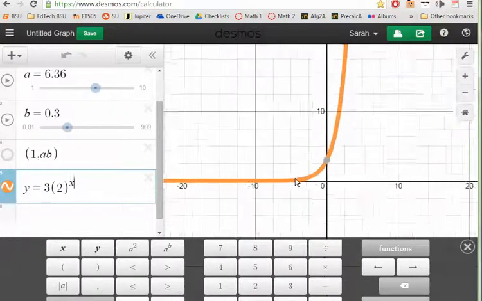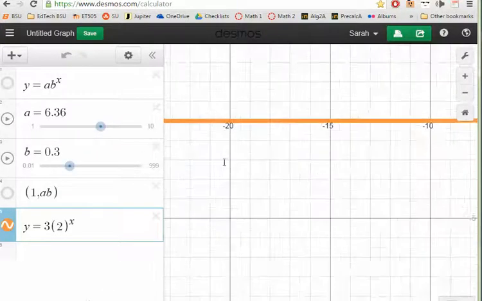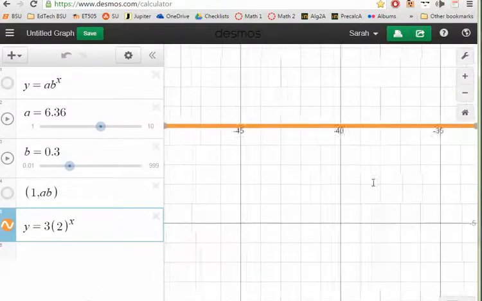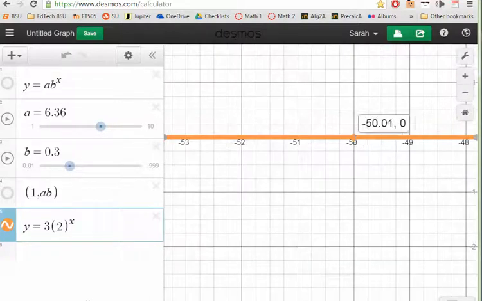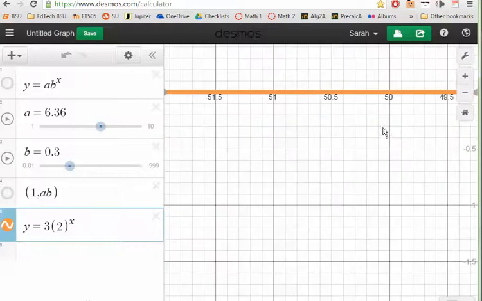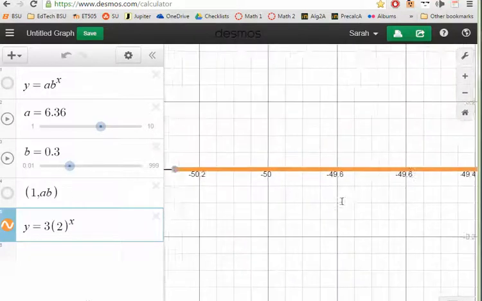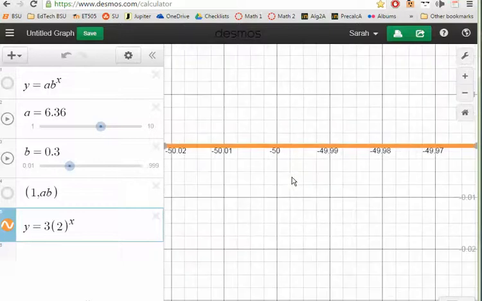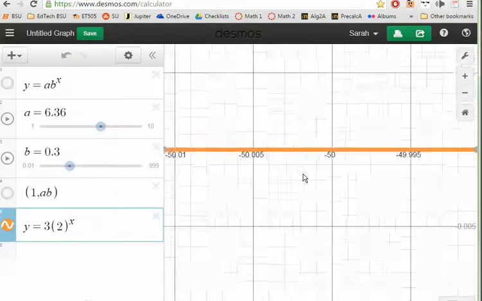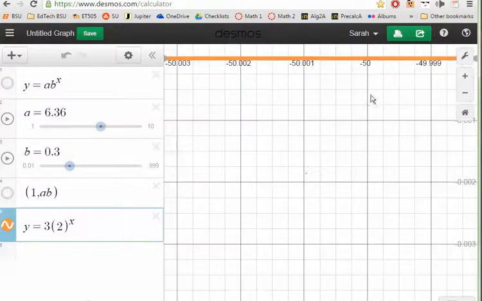Okay, so if we find -50 in the x, it says 0 right now, but we discussed this at the beginning of this semester. Desmos does have a potential for graph error. If we really zoom in, we can actually start to see that it's not 0. It's just approximating it to be equal to 0.